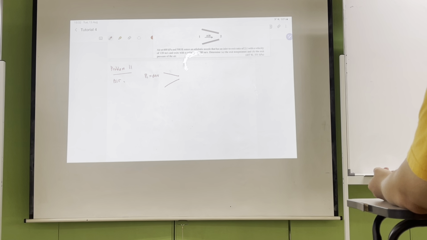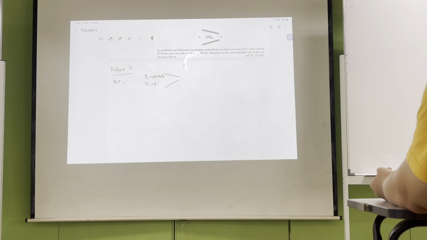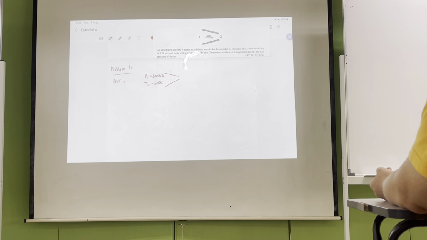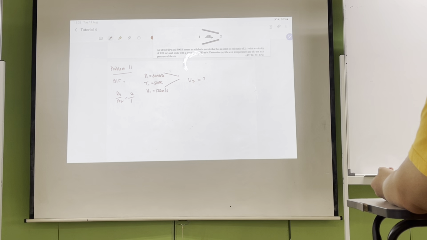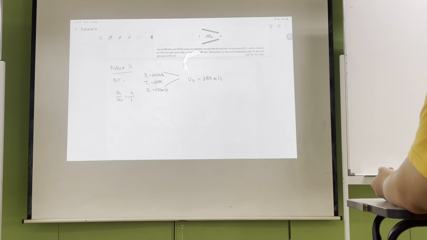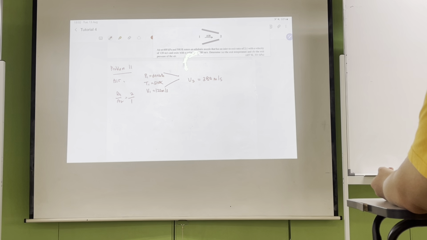P1 is 600 kilopascal. T1 is 500 Kelvin. It is an adiabatic nozzle, so there is no change in Q here. It has an inlet to exit area ratio of 2 to 1, so A1 to A2 is 2 to 1, with an inlet velocity of 120 meters per second and exits with a velocity of 380 meters per second. Determine A, the exit temperature, and B, the exit pressure.